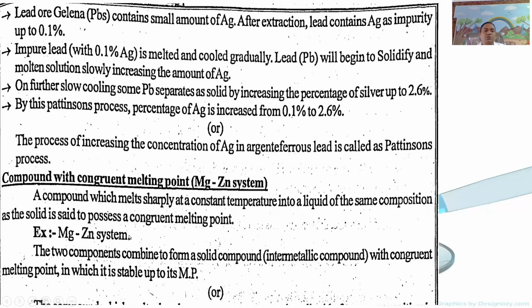Example, the magnesium-zinc system. The two components combine to form a solid intermetallic compound with a congruent melting point, in which it is stable up to its melting point.